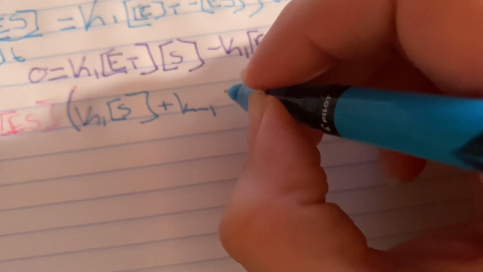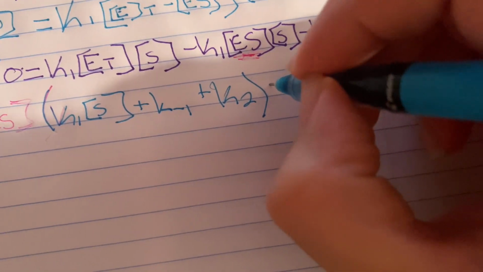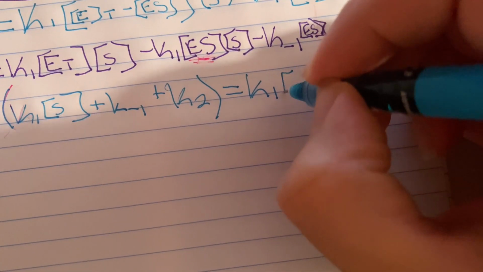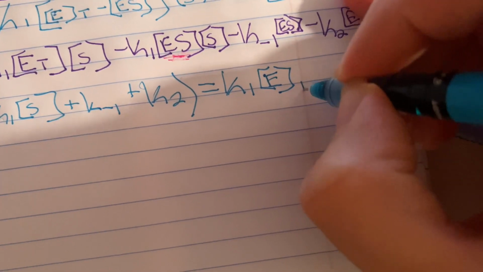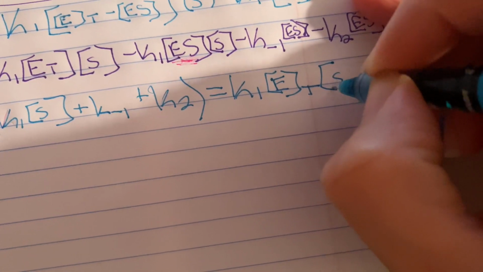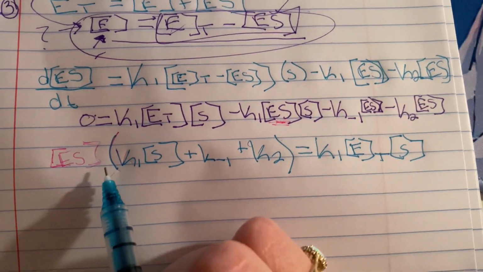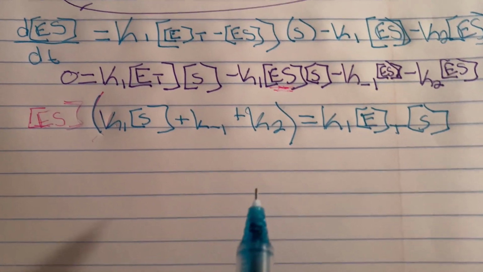So ES multiplied by K1 multiplied by the substrate plus K minus 1 plus K2, which equals K1 multiplied by the total enzyme and substrate.